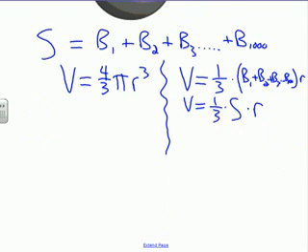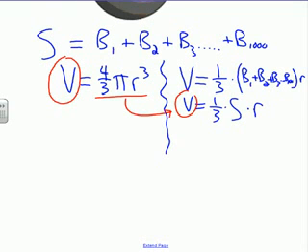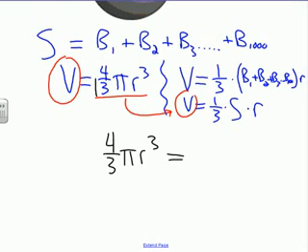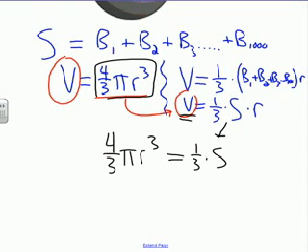Now, if we take these two, I notice there's a V there, so I'm going to substitute that in. I end up with 4/3 pi r cubed equals 1/3 times the surface area times the radius.